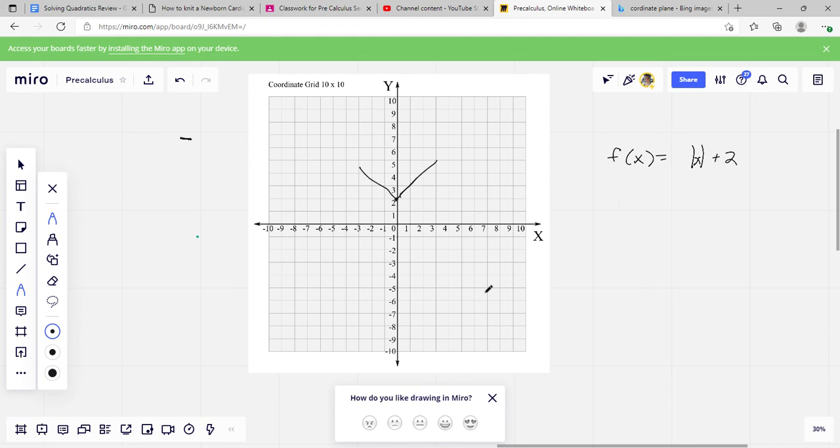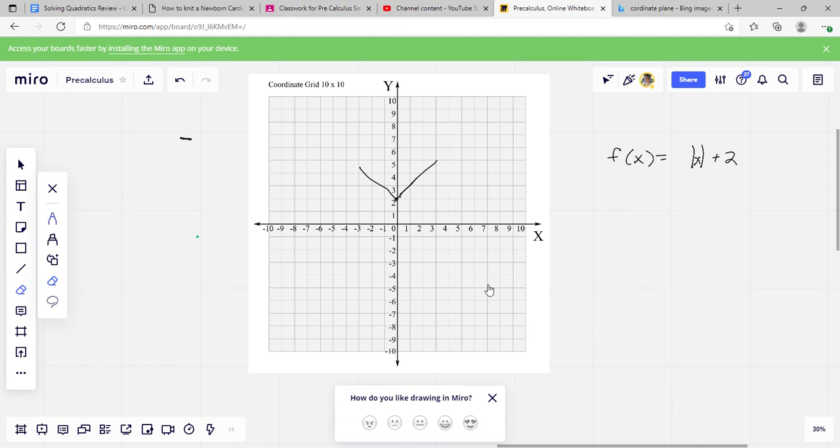If I set this equal to 0, plus 2 equals 0, I would say minus 2, minus 2. So you just got to be really careful. You got to know which ones are not going to cross, okay?